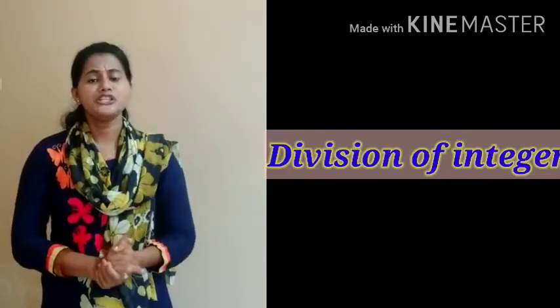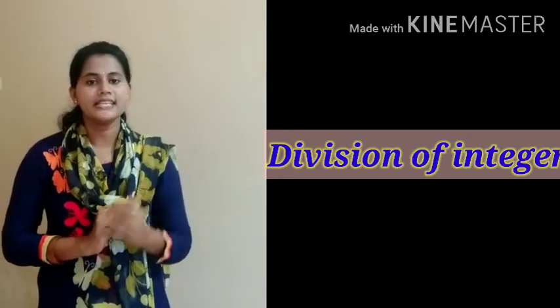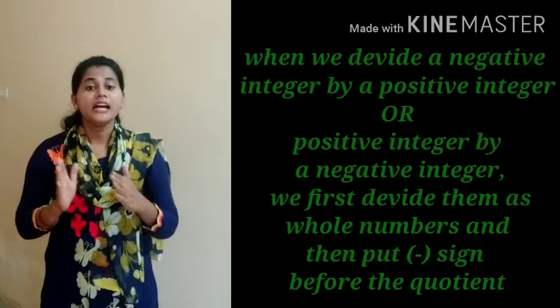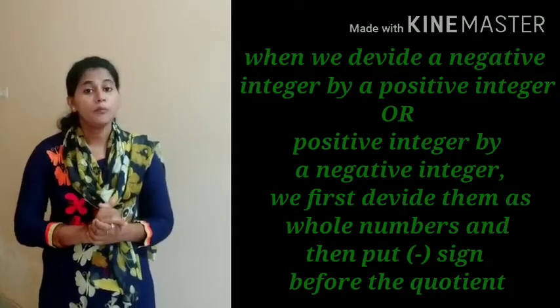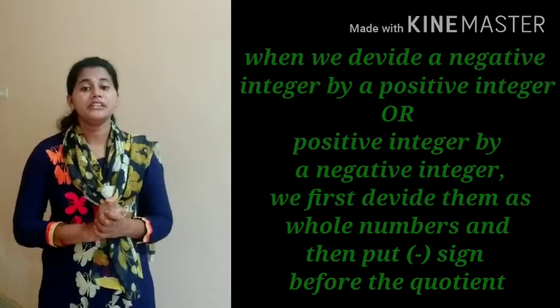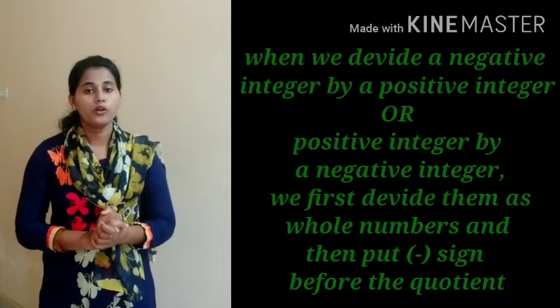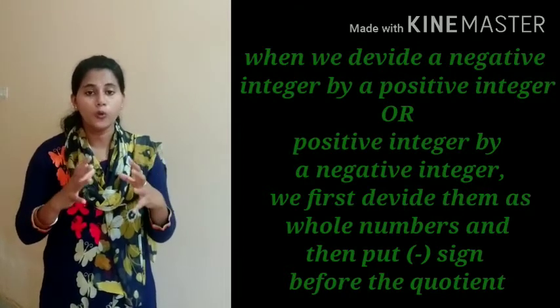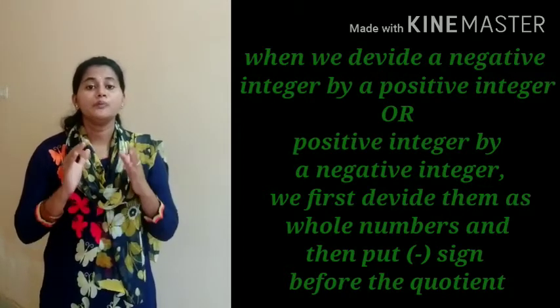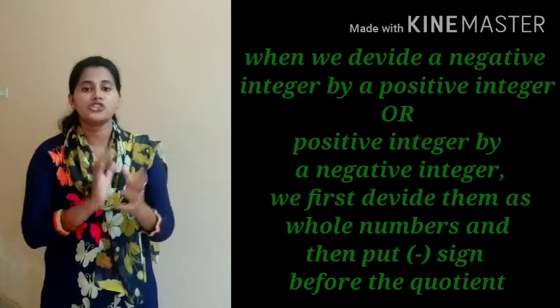In division of integers, two cases come up. The first case is when we divide a negative integer by a positive integer, or a positive integer by a negative integer. First we divide them as whole, then we put a negative sign, that means a minus sign, before the quotient.